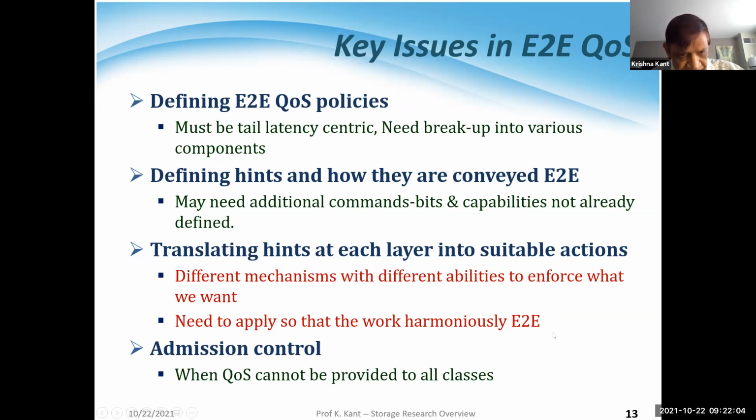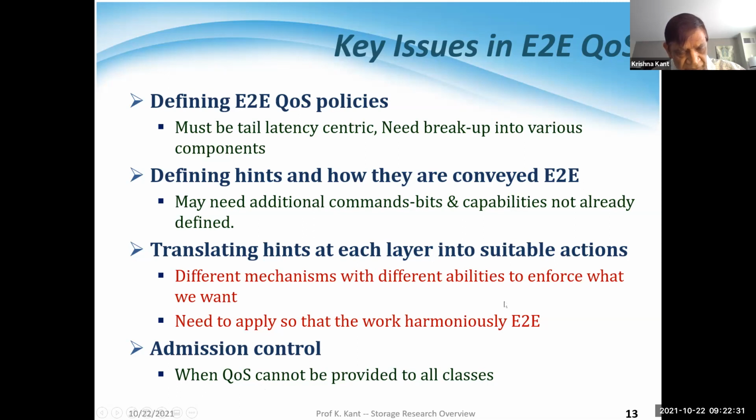And then finally, and by the way, it's absolutely important that all of the treatment that these different layers provide be harmonious. For example, if one layer provides a good treatment and the other layer provides not so good treatment, you're not going to get the desired end-to-end QoS.